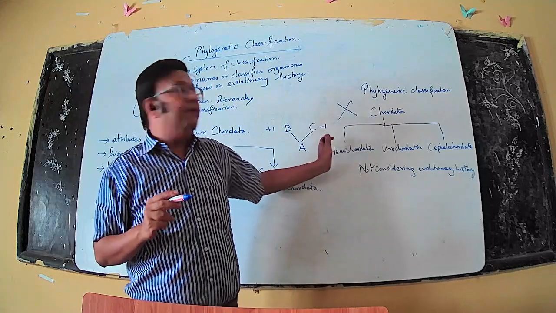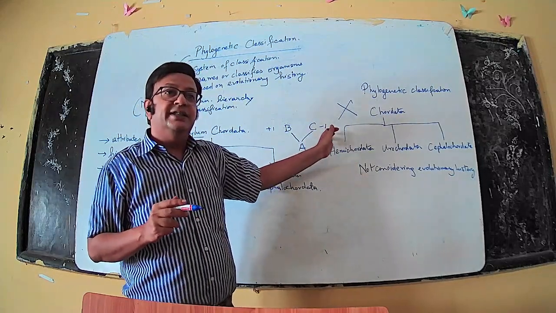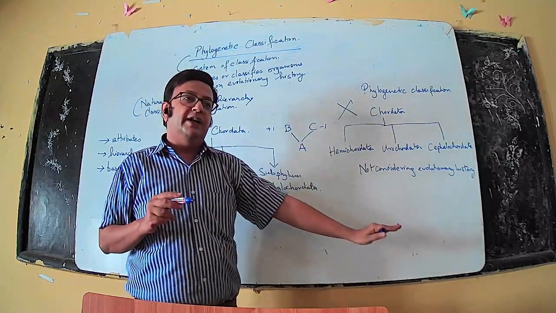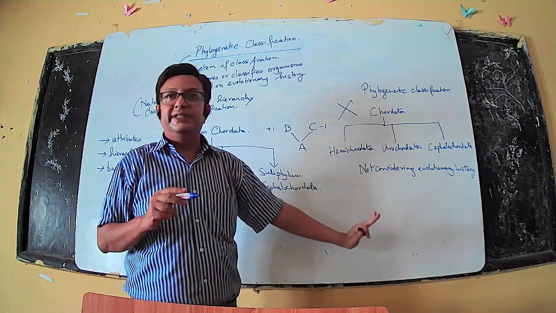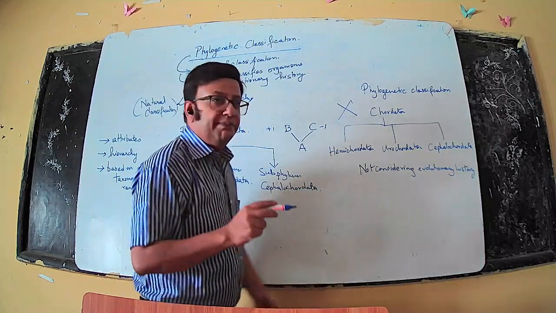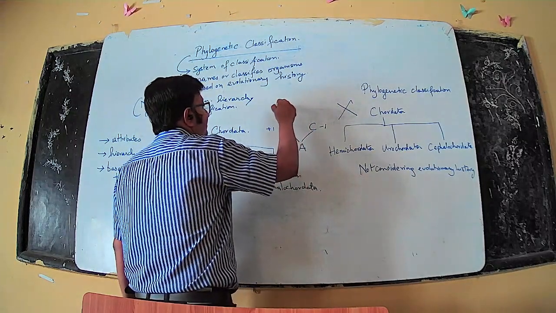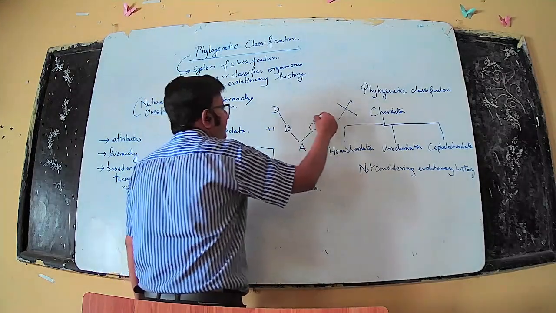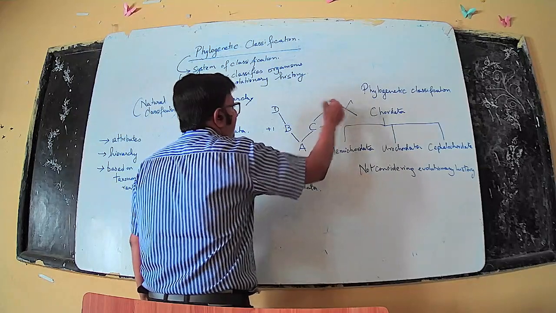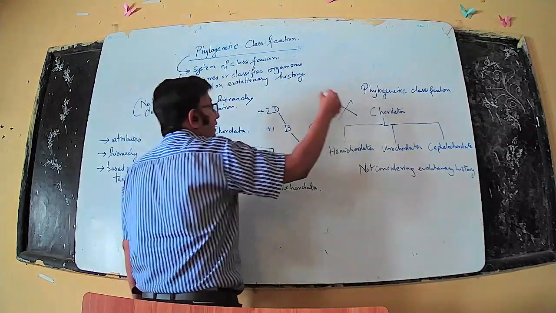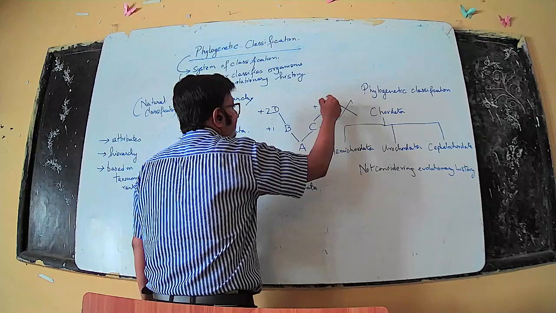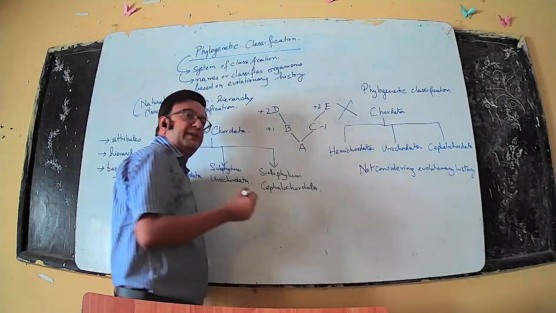Say it gets power of flight, and this gets the ability to live underwater, so loss of lungs, for example. Gills develop, but A cannot live that way. Then B can become D over here, C can become E. Maybe it gains plus 2 characters, and this gets plus 2 different characters.